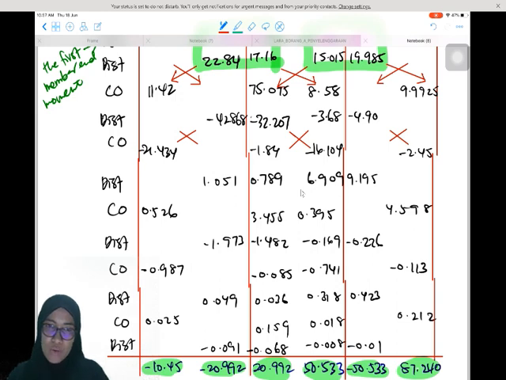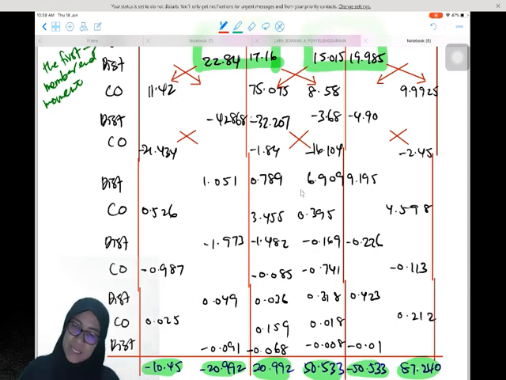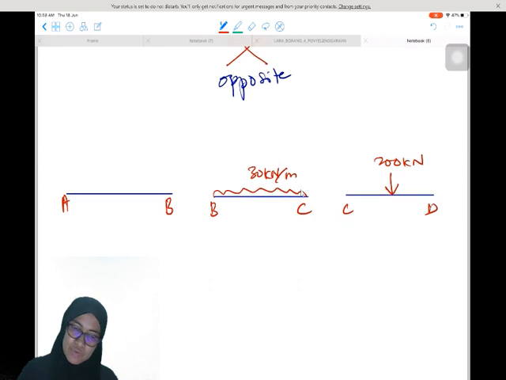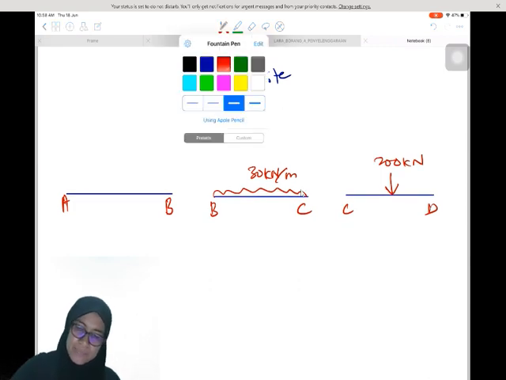Again, we start with looking at the sign. Negative negative for AB, positive positive for BC, and negative positive for CD. Negative negative, so we draw the direction.